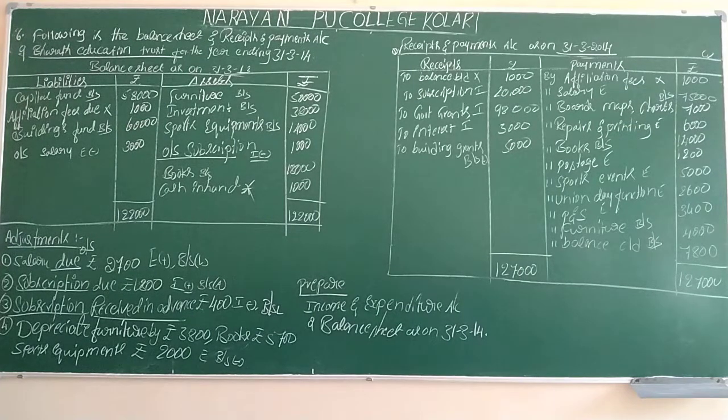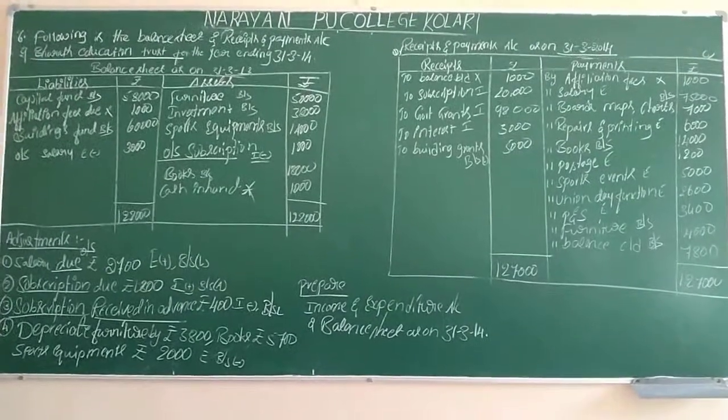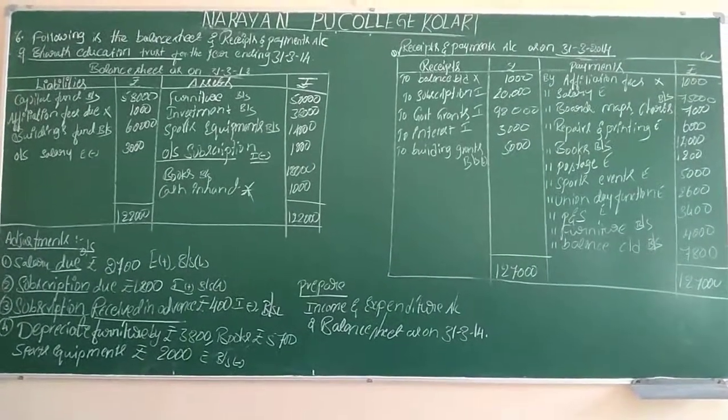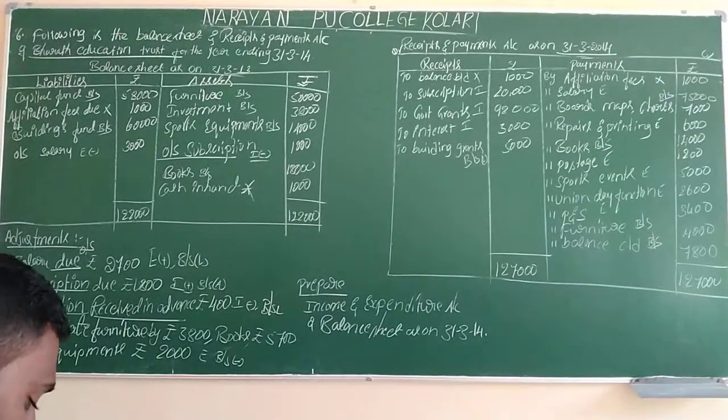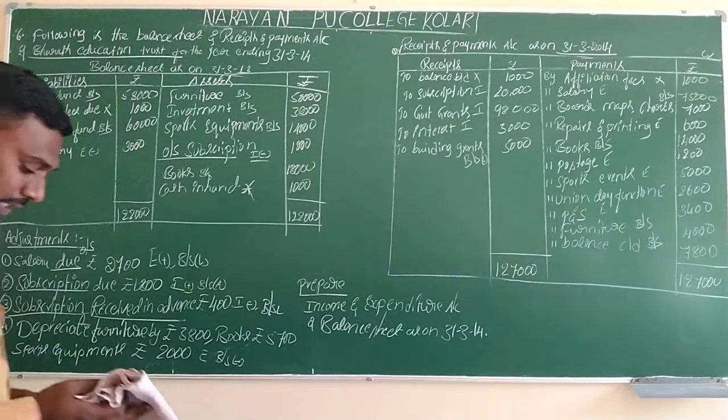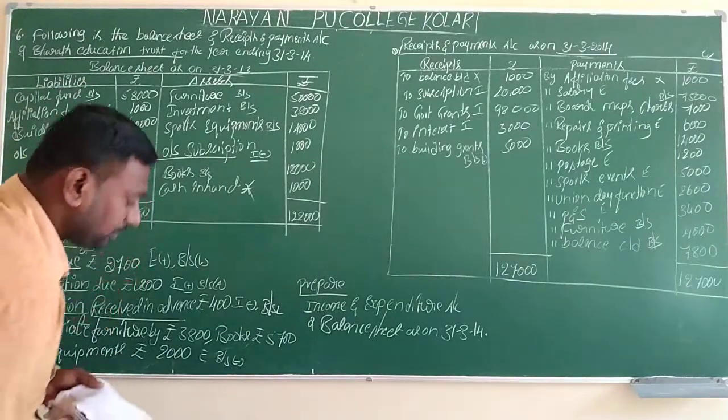We have to move to the solution while preparing the income and expenditure account of Bharat Education Trust. We have to draw the columns for receipts and the income and expenditure account of the particular firm.